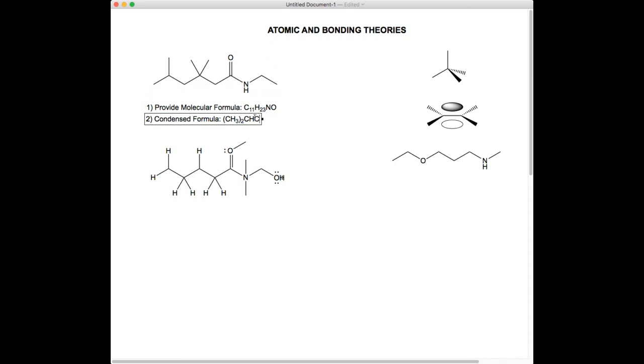Then we have carbon, (CH3)2, CH2, CO, NH, CH2, CH3. So this could be, guys, the condensed formula.